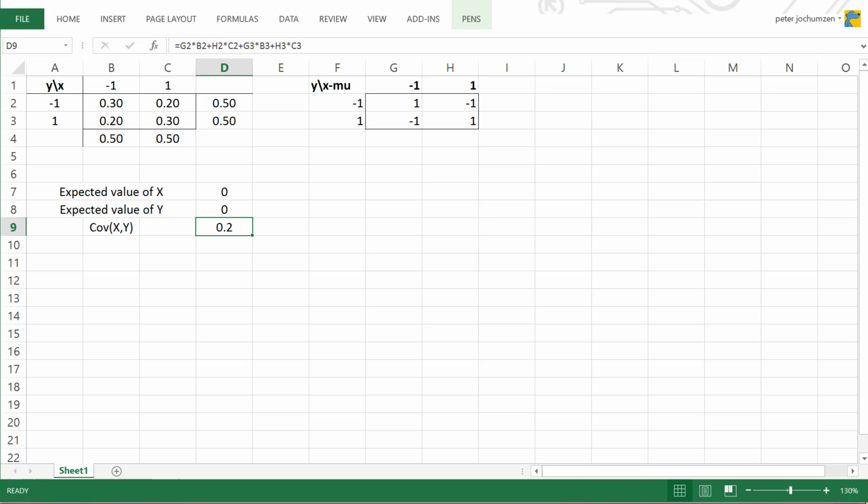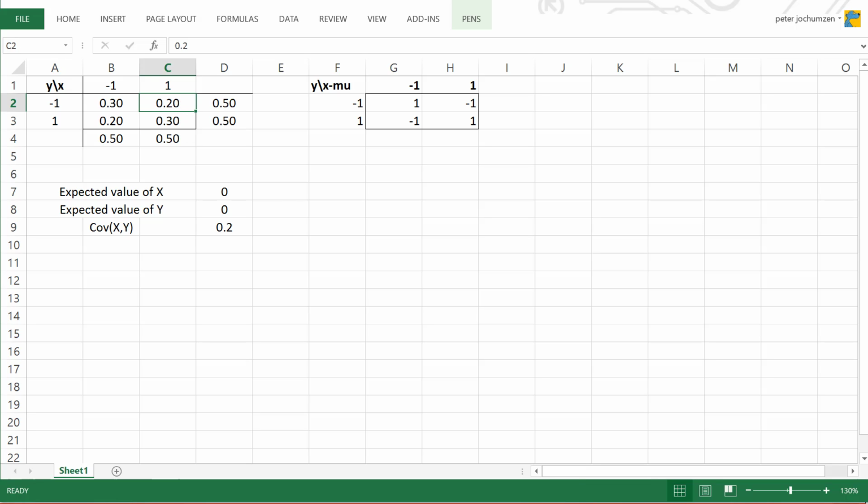So that means that the covariance will be positive. And the way to think about it is that in this particular case, there is a relationship between them. Whenever x tends to be large, that is, whenever we are here, y tends to be large. It's much more likely then for y to be 1 than to be minus 1.